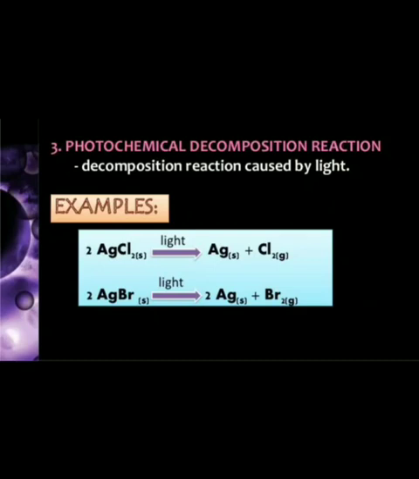Like this, silver bromide, when decomposed, produces silver plus bromine. Understood? Like this, hydrogen peroxide, H2O2, in the presence of light, produces water plus oxygen. So the chemical reaction which decomposes in the presence of light is known as photochemical decomposition. Clear?